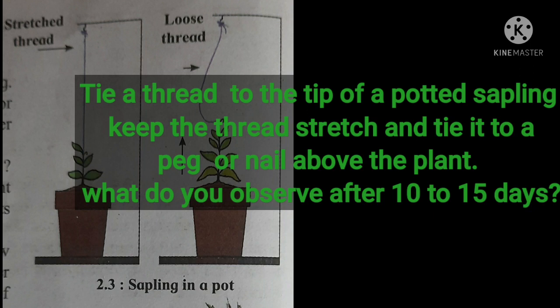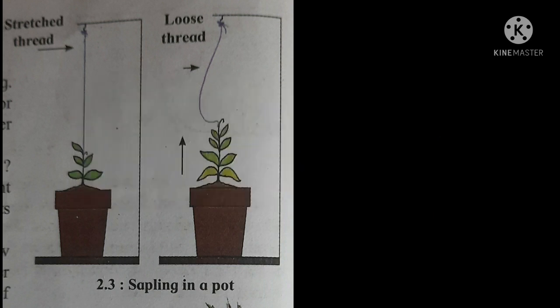After 10 to 15 days, observe the left side sapling in the pot. Then what do you see? What tells us that the plant has grown taller?